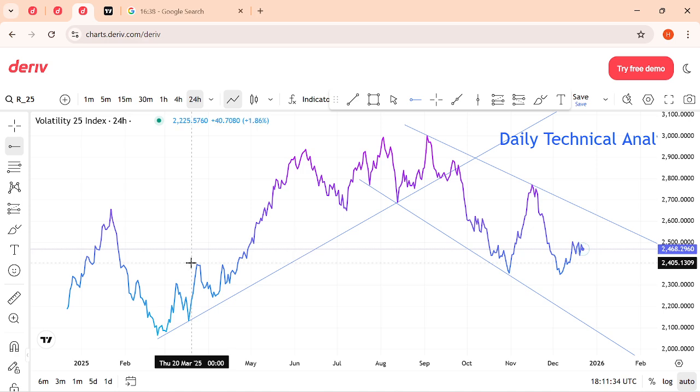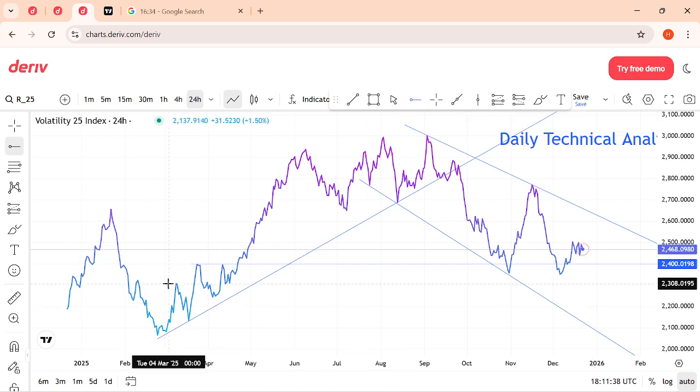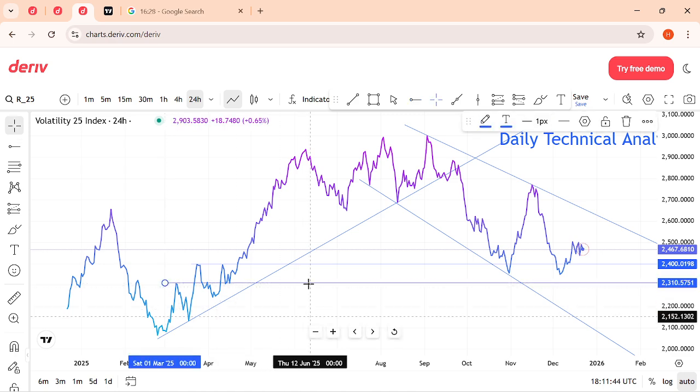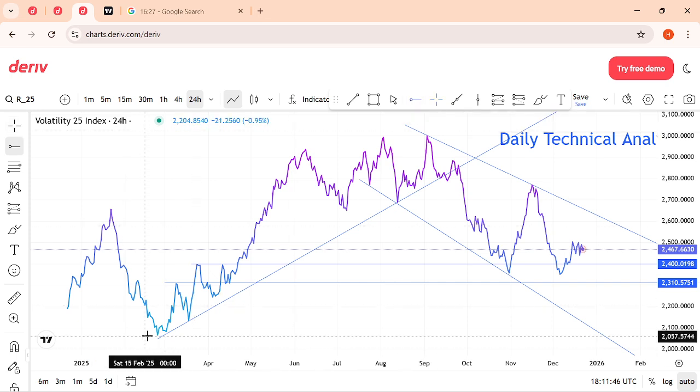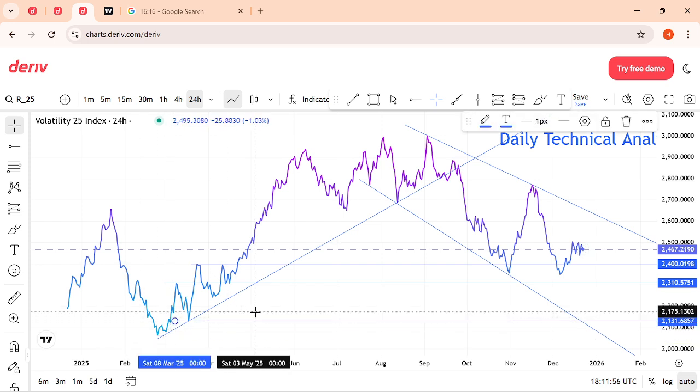And we had this area as our level of resistance. We had this area also where we expected price to react from, which is here, and this is our level of take profit. The trend line actually started from here, so let me just readjust it. I would like to take profits here because the trend line started from here.